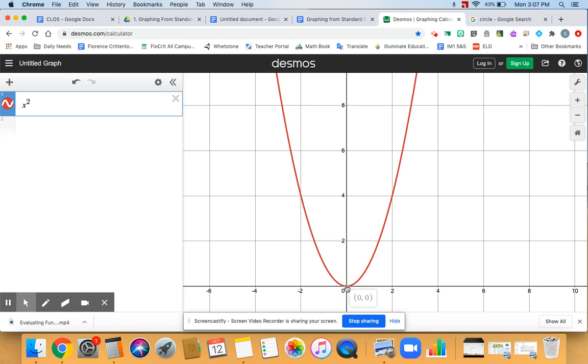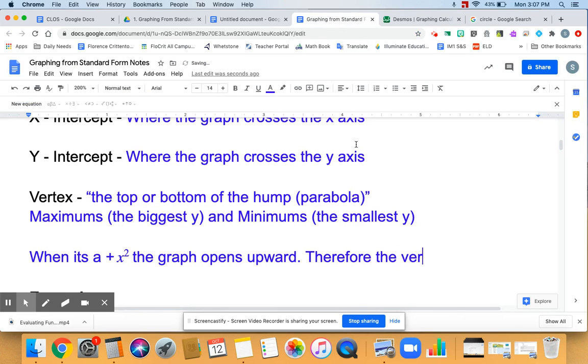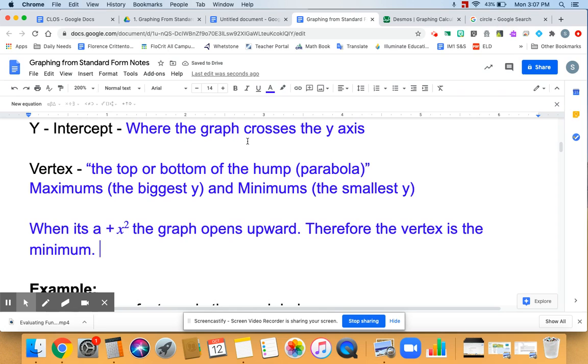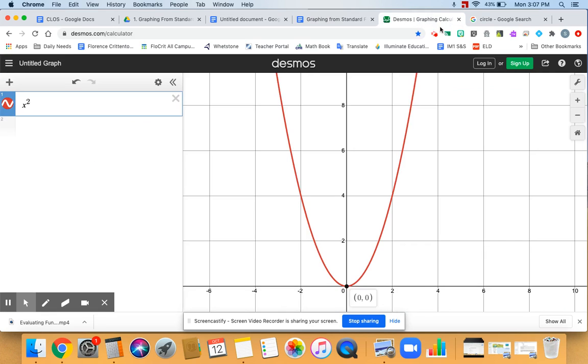So right now the vertex, the bottom of this hump, is the minimum amount. The vertex is the minimum. And it's important to note that when it's like this, there is no maximum, because the graph's going to just keep going up forever and ever.